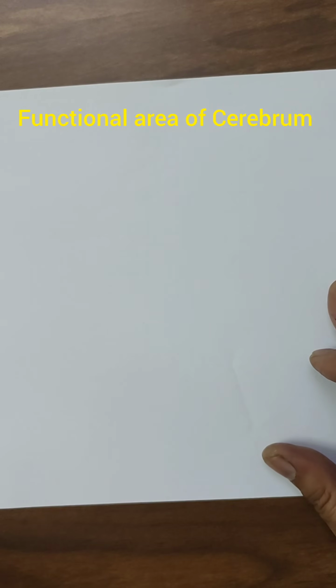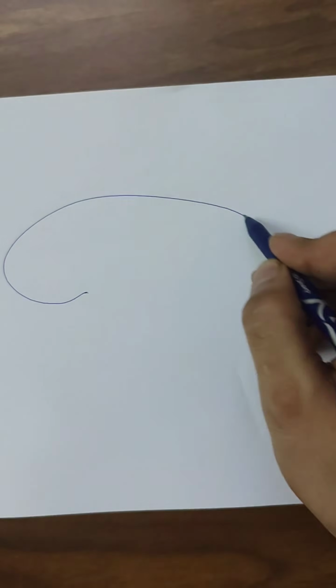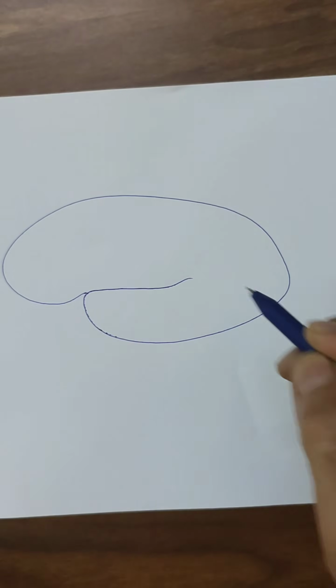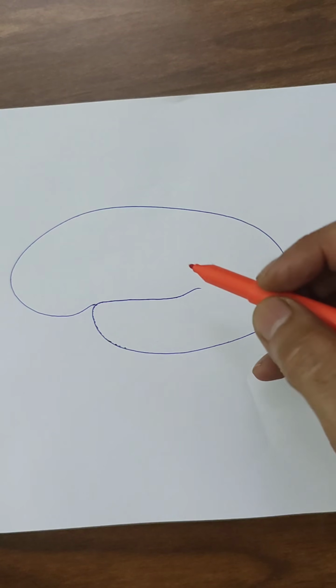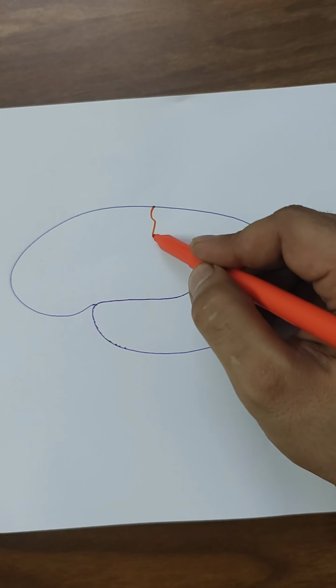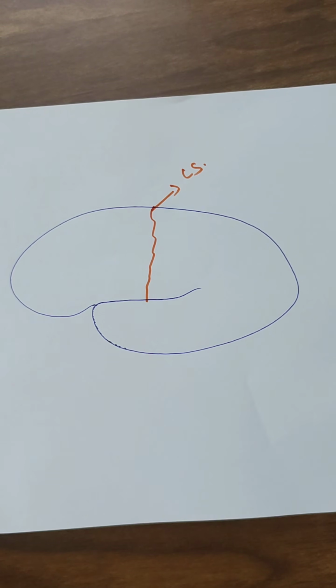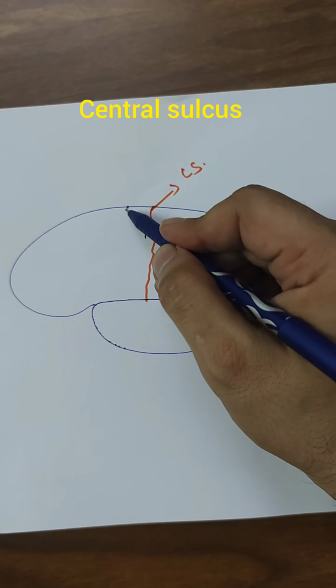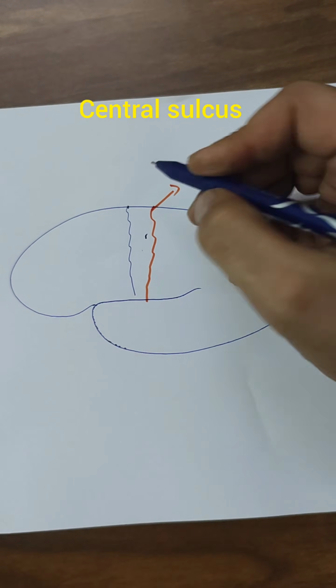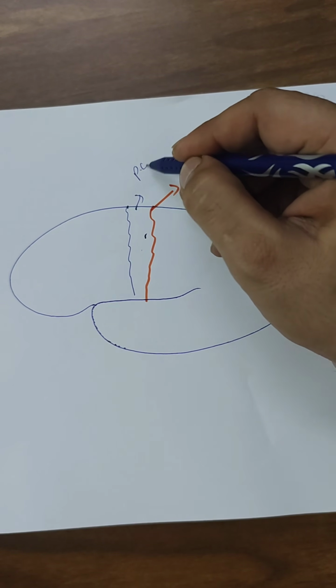So we are going to draw the functional areas of the cerebrum on the superolateral aspect, also known as Brodmann areas. First of all, in the center, we already know this is the central sulcus. Anterior to the central sulcus is the precentral gyrus.